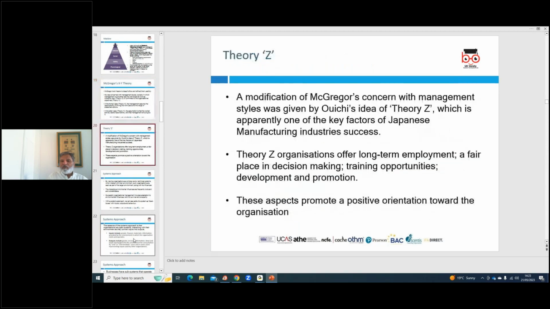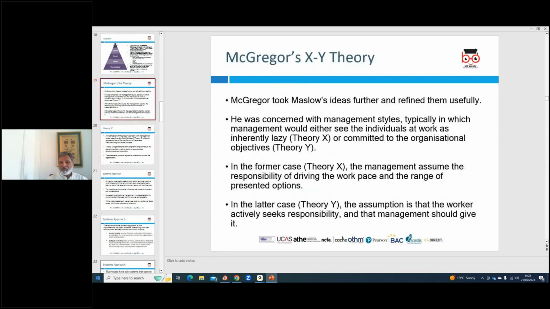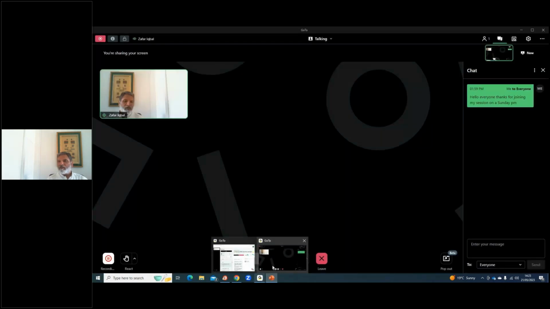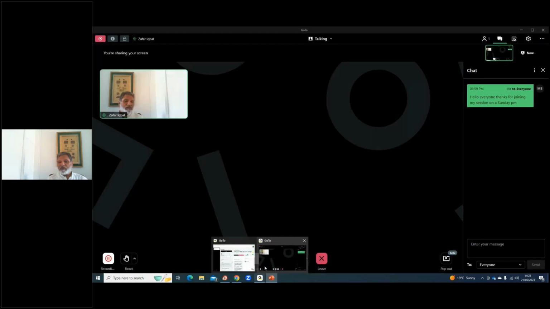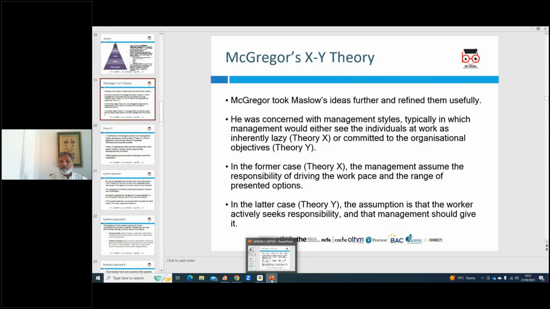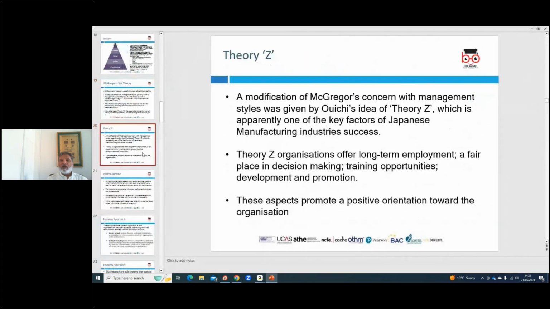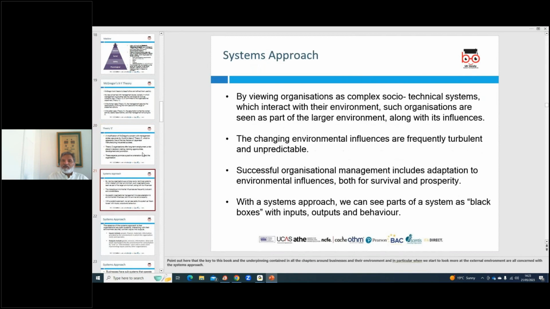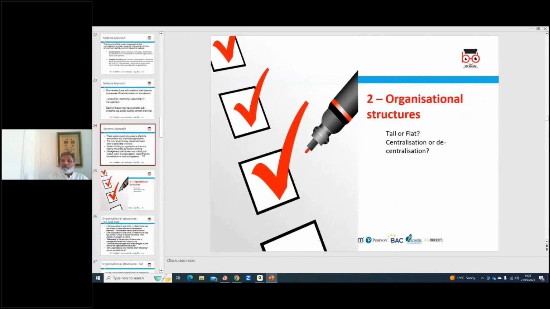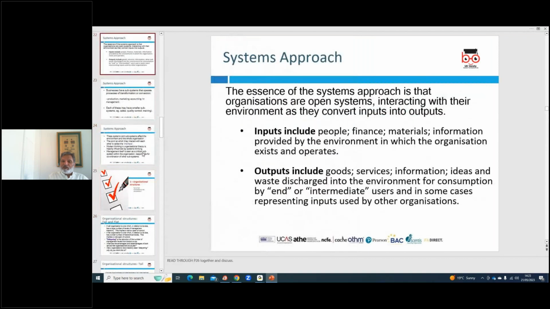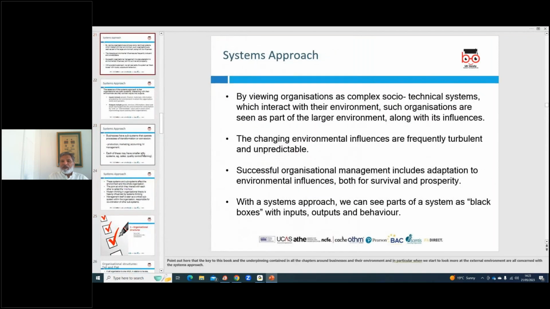Okay, so you need to know about theory X and Y because it's very important for people who work in organizations, and they've got to be motivated by their different needs. This developed further, theory Y developed into theory Z and the systems approach, and then the systems approach became other approaches in organization research.